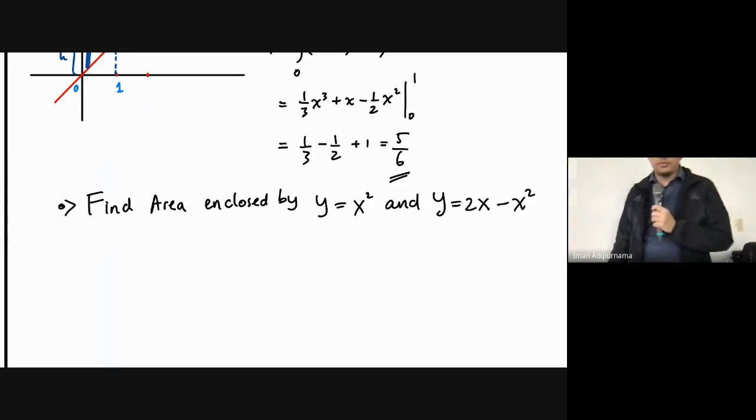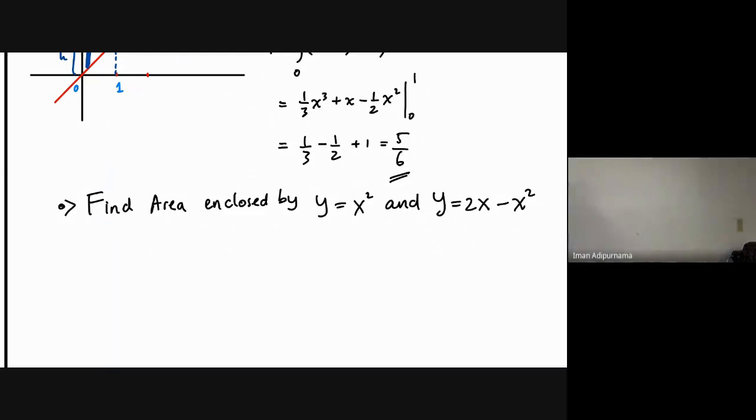Okay, try number 2. It's x squared and 2x minus x squared.